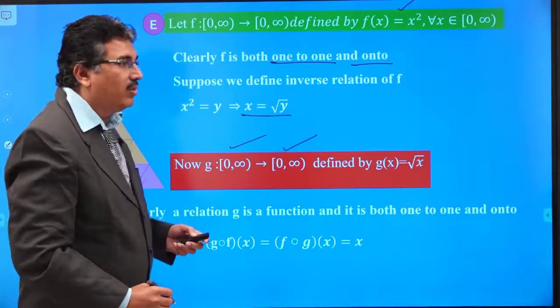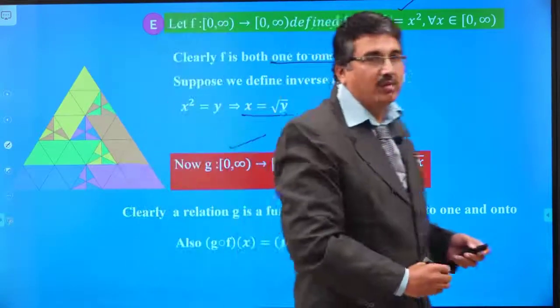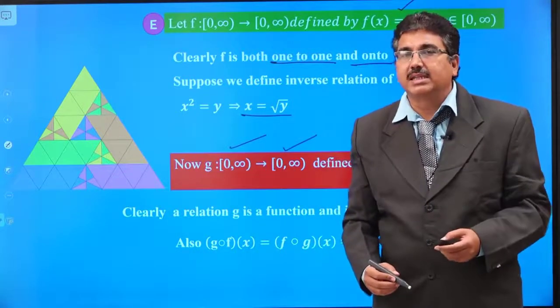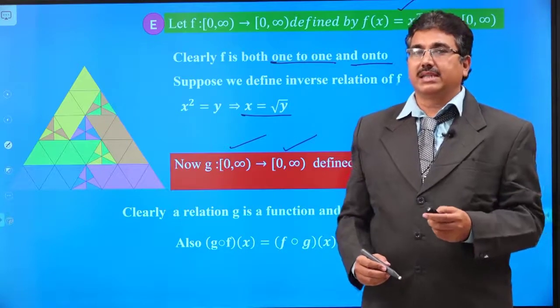From this, we conclude that only bijective functions have inverses.